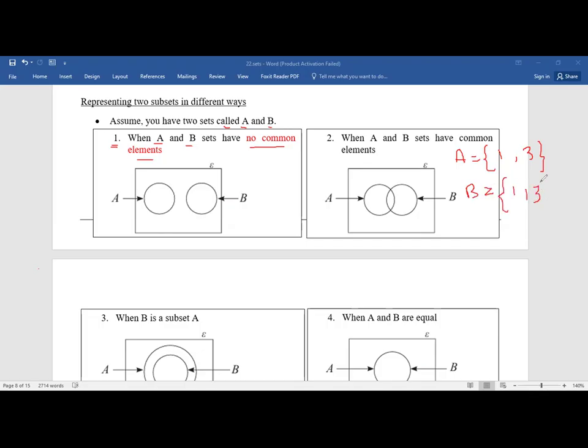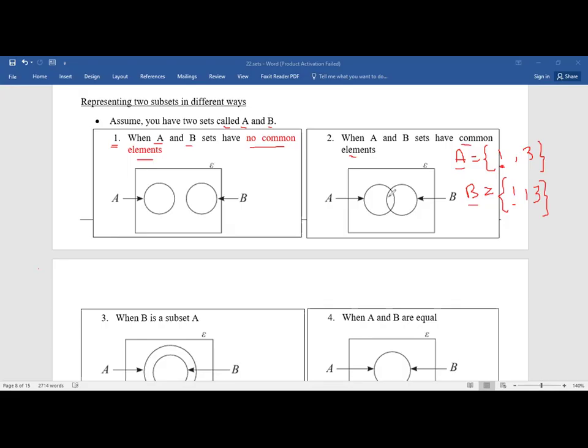I am just explaining. So what can you say about set A and set B? One is common, one and one. This is the way you represent it when they have a common element.